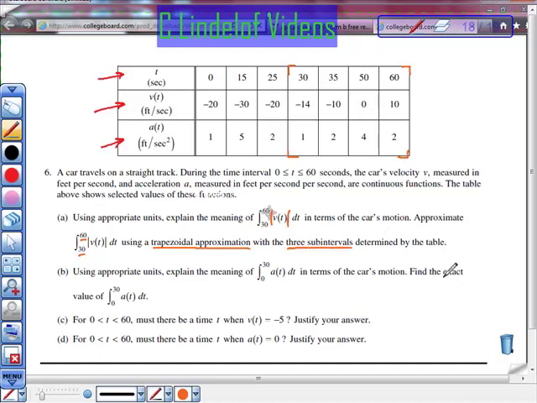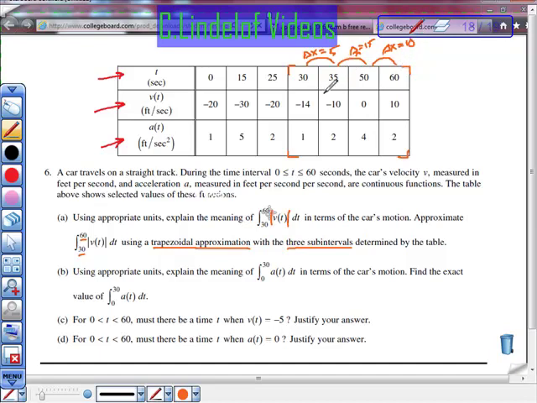So this is what we're going to do. Here's the first subinterval. Here's the second subinterval. Here's the third subinterval. Here, the change of x is equal to 5, isn't it? Here, the change of x is equal to 15. And here, the change of x is equal to 10. You see what we're doing here?